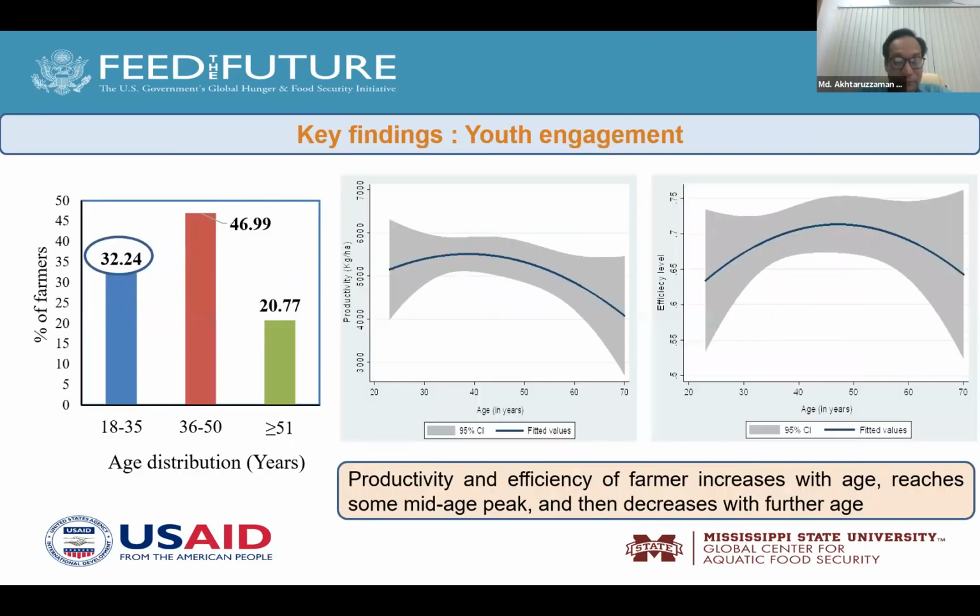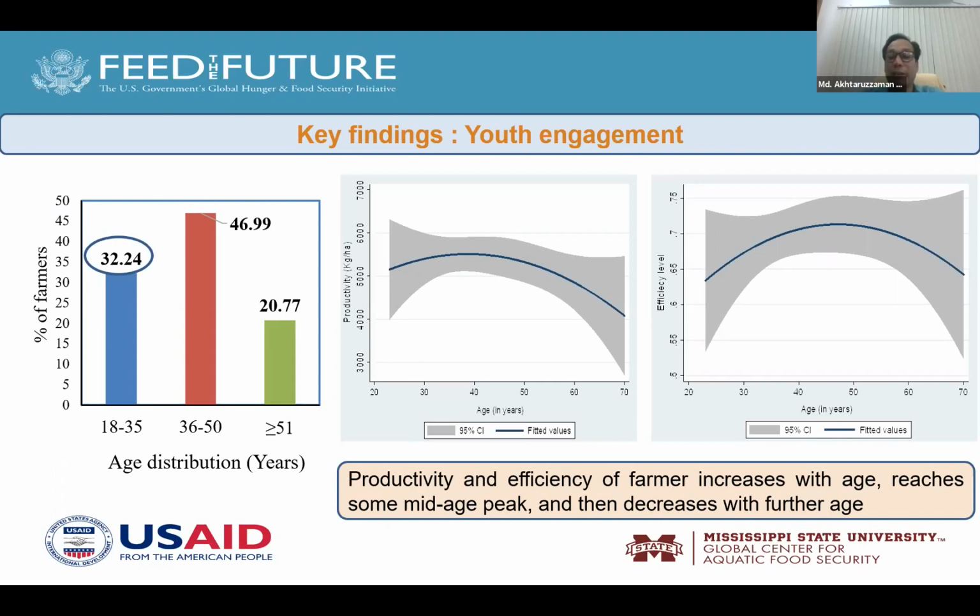Next slide, please. These 2 figures show the result of the study on youth engagement in the aquaculture of Bangladesh. 32% of the farmers studied were in the age group between 18 and 35 years, which was considered youth. However, productivity and efficiency of farmers increase with age.